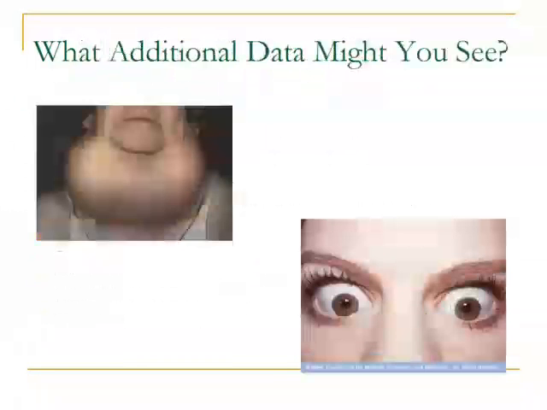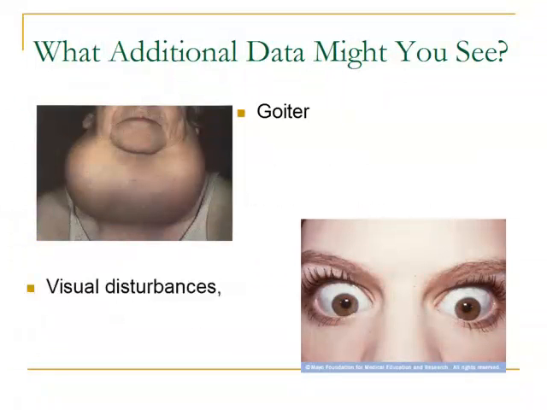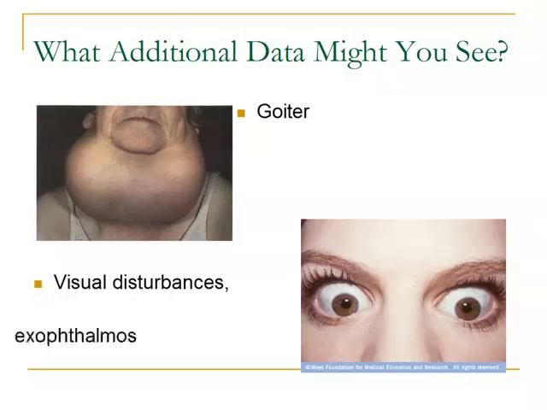This slide depicts some of the problems that we've talked about earlier. This slide to the left is a patient with an extreme form of a goiter. And one common finding that's seen in patients with hyperthyroidism is visual disturbances such as exophthalmos. It's also sometimes called Graves' ophthalmopathy.